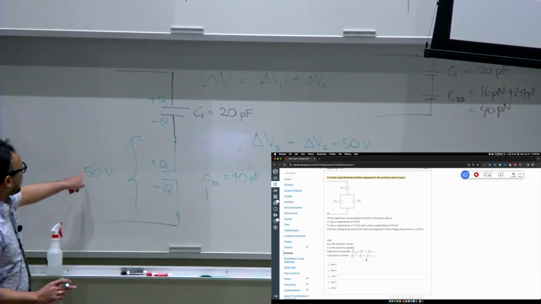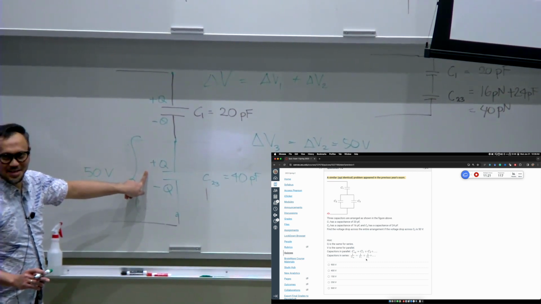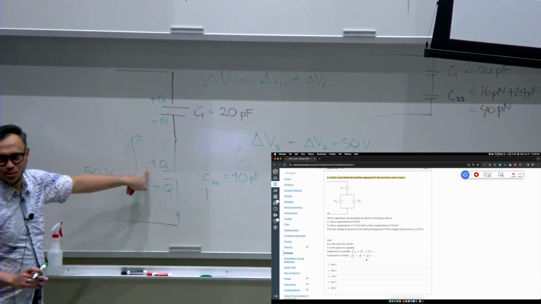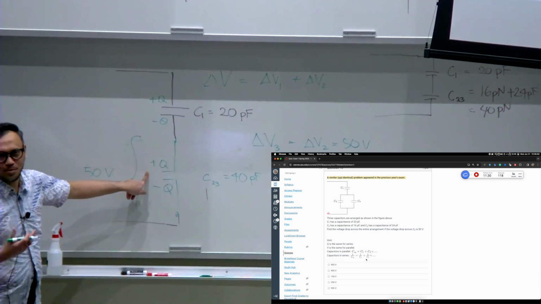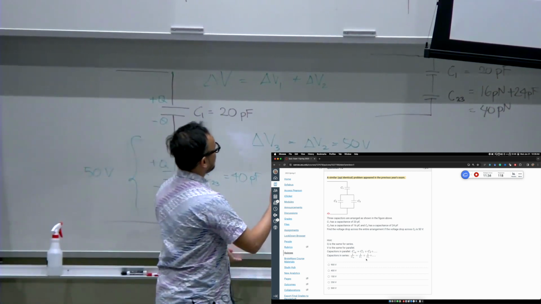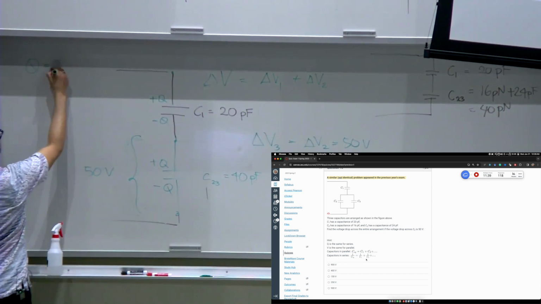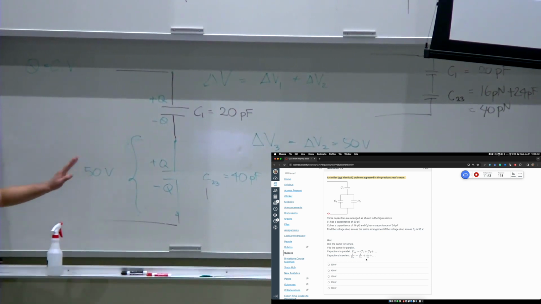Okay. So what is Q here? I'm not going to continue until somebody answers. Meaning, what is the formula? You don't need to give me numbers. So Q is defined as C times V. I know I put delta, but you can remove delta.